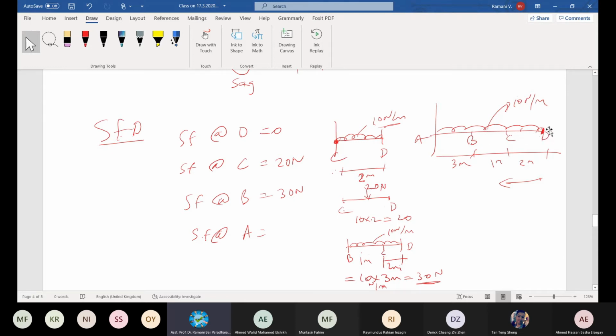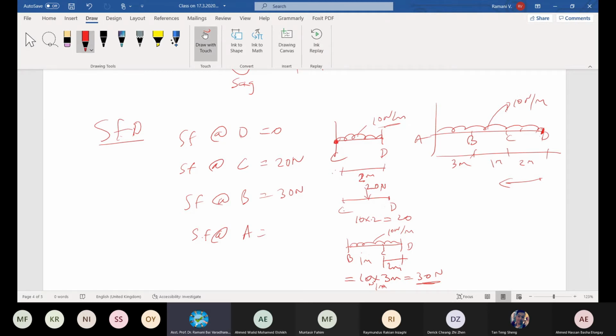All of you know the moment and the stress produced will be varying based on the distance. That is why you have to bother about the distance. When you come to A, the whole loading is acted upon, so you have to calculate the total force acting from D to A.